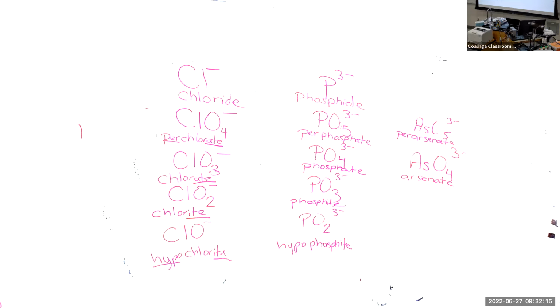Okay, so then AsO3, 3 minus, is going to be arsenite. AsO2 minus.